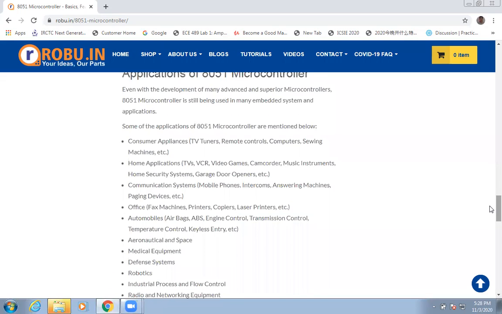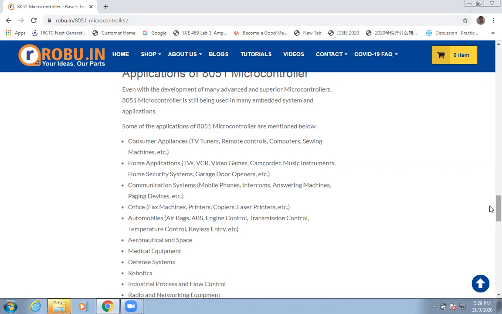Some of the applications of 8051 microcontrollers are: they are used in consumer appliances such as TV tuners, remote controls, computers, shaving machines, etc. Home appliances such as TV, VCR, video games, camcorders, musical instruments, home security systems, garage door openers. Communication systems such as mobile phones, intercoms, answering machines, paging devices.